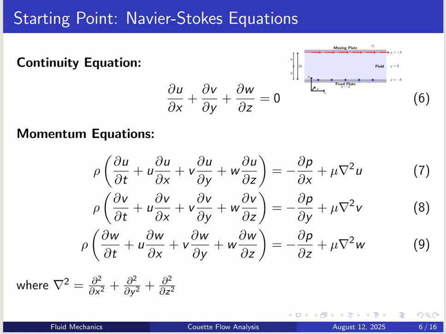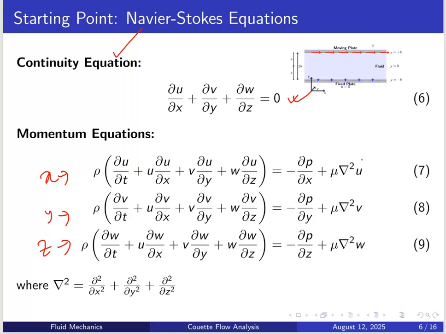Now, the starting point, the Navier-Stokes equation. First we have to take the continuity equation: dou u by dou x plus dou v by dou y plus dou w by dou z is equal to 0, and the momentum equation, in the x direction, y direction and z direction. So for the x direction: rho times dou u by dou t plus u dou u by dou x plus v dou u by dou y plus w dou u by dou z, equals minus dou p by dou x plus mu nabla square u.